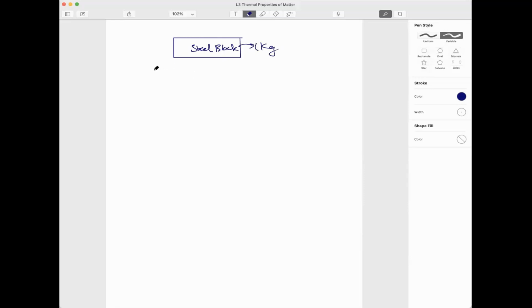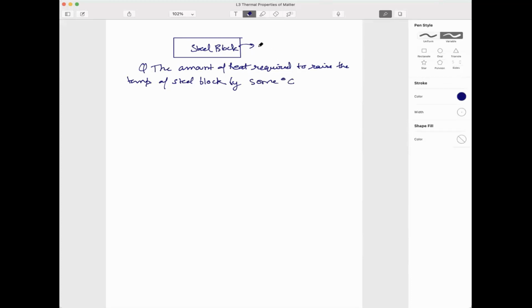The question is the amount of heat required to raise the temperature of the steel block by some degree centigrade. Let's call the mass M. So we need to derive a generalized formula. We need to find out Q.